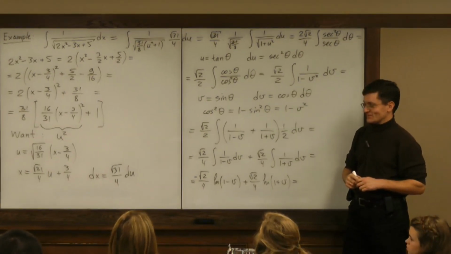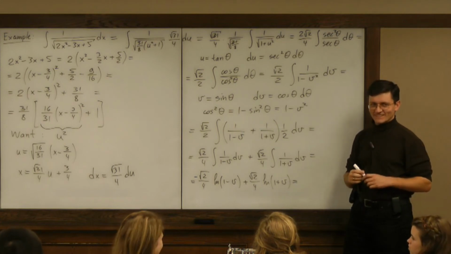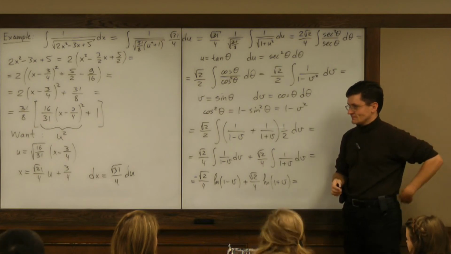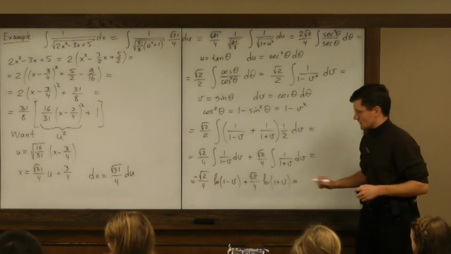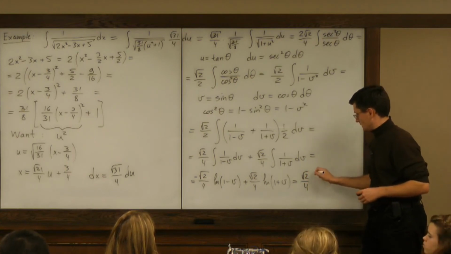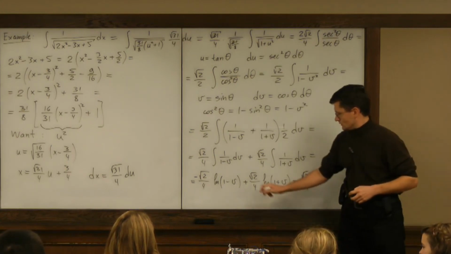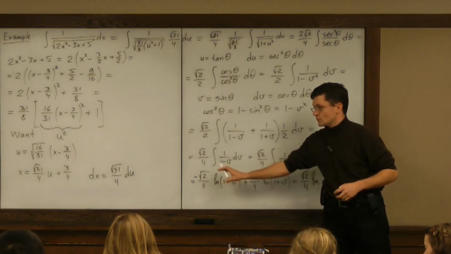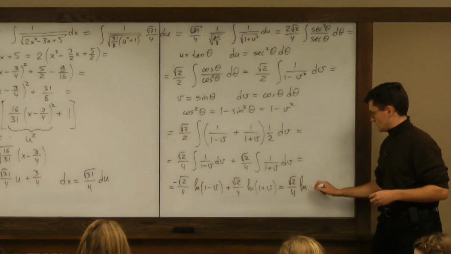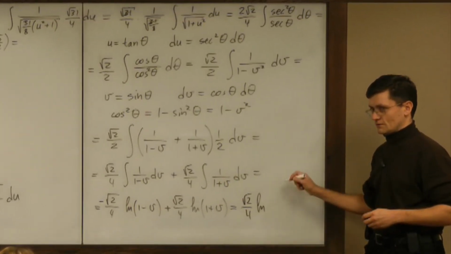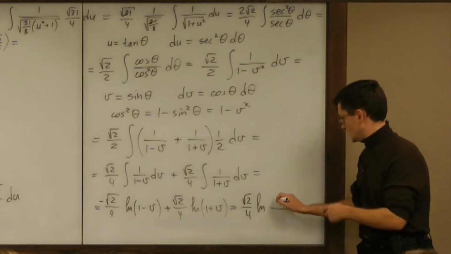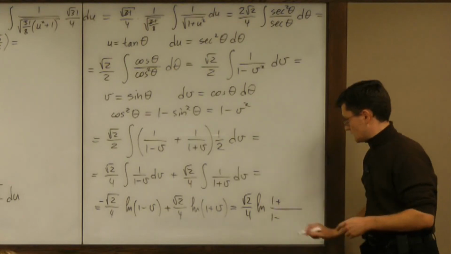Might take a little bit, yes. So it is in your interest to simplify this as much as possible. So I know that if I factor square root of 2 over 4, I will have the difference of logarithms. The difference of logarithms is one logarithm of the fraction. Logarithm of 1 plus v divided by 1 minus v.